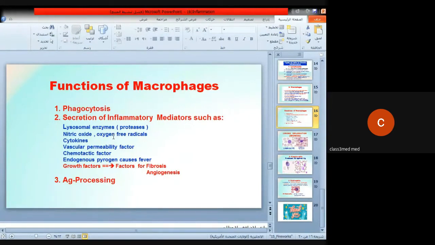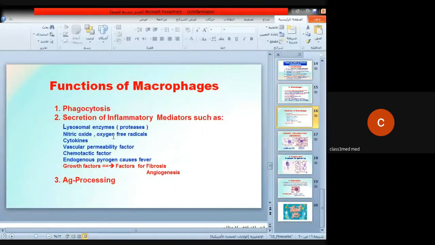But in chronic inflammation, macrophages persist and accumulate, because they cause tissue destruction and fibrosis.